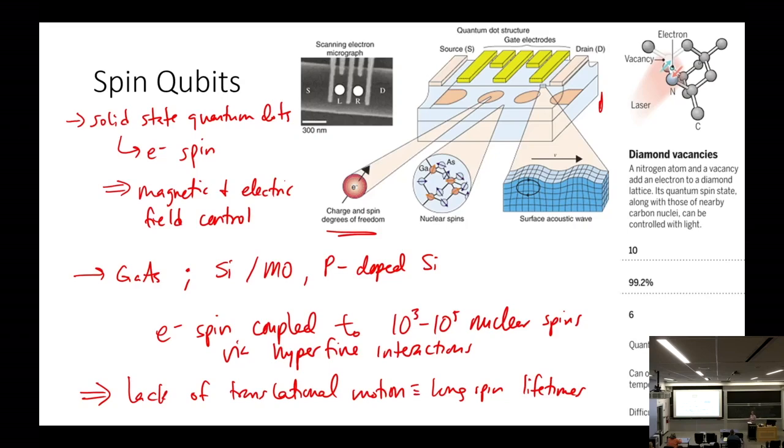Things like electron-phonon interactions, quadrupolar couplings, spin diffusion, and impurities in the rest of the semiconductor can really influence the properties of this qubit. All of those things that I just described apply equally to diamond vacancy centers, which are a much newer qubit technology that was discovered in 1997. But these epitaxial quantum dots have been around for a long time and are the foundation of many other traditional optoelectronic technologies. All right, questions about spin qubits?